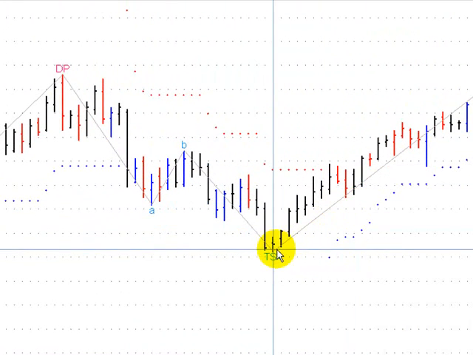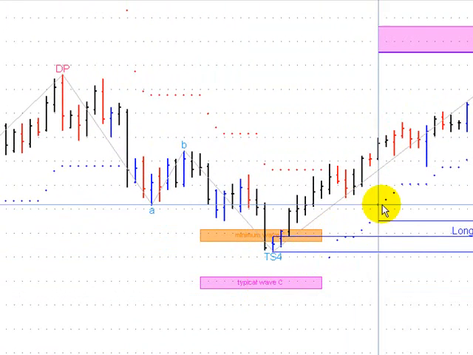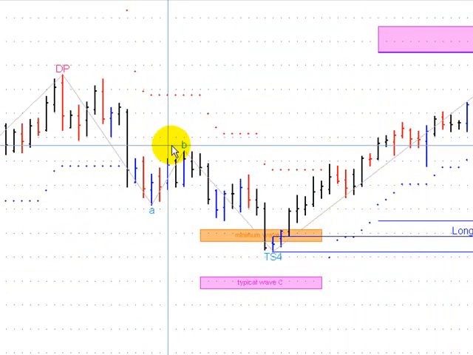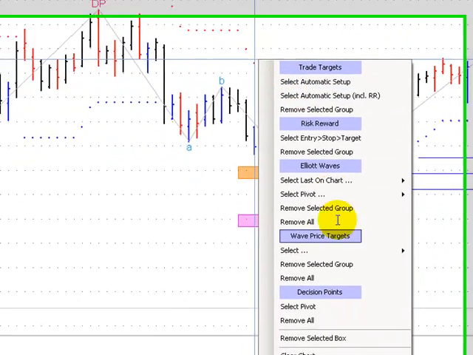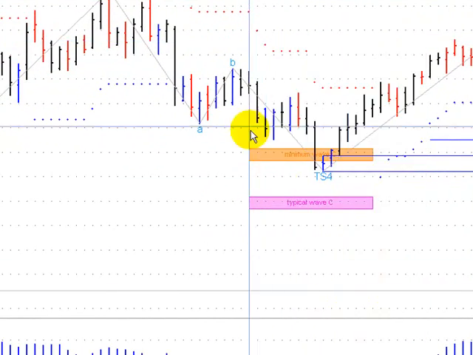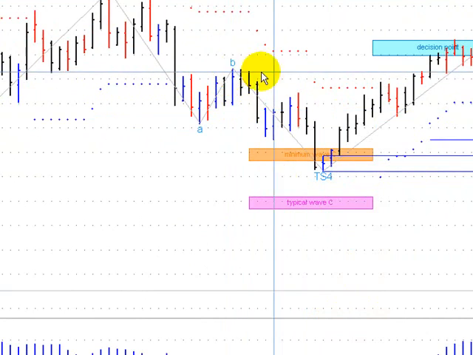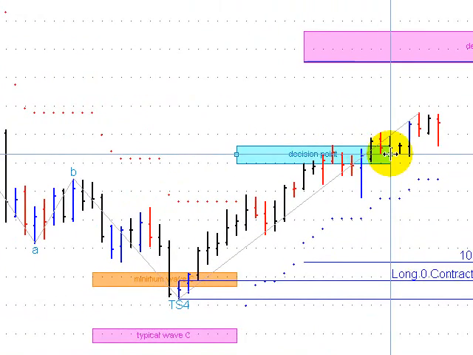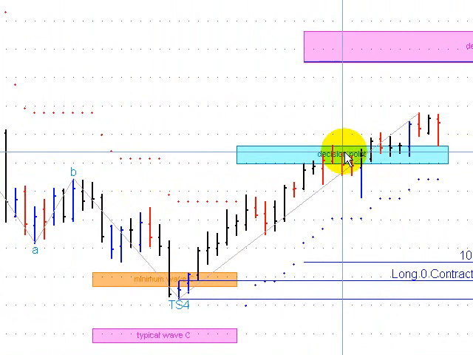I can put the analysis on that. One click. Okay, and you see how far we've come. We came into this little resistance area, this little ABC swing high here.